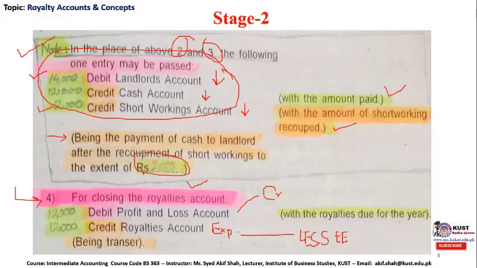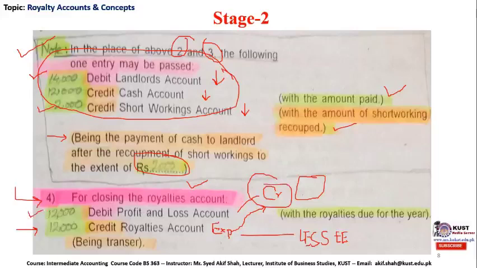So it has to be set off against the profit and loss account, and it will definitely reduce the overall profit of the company. What we have paid to the landlord, actually in terms of cash, is 12,000 rupees. So therefore our profit and loss account, which shows a credit balance, needs to be given a debit entry.